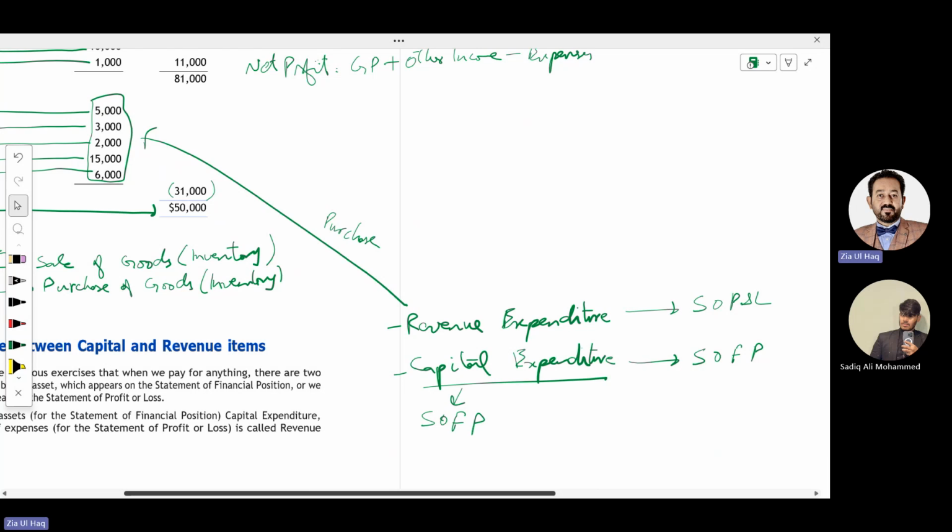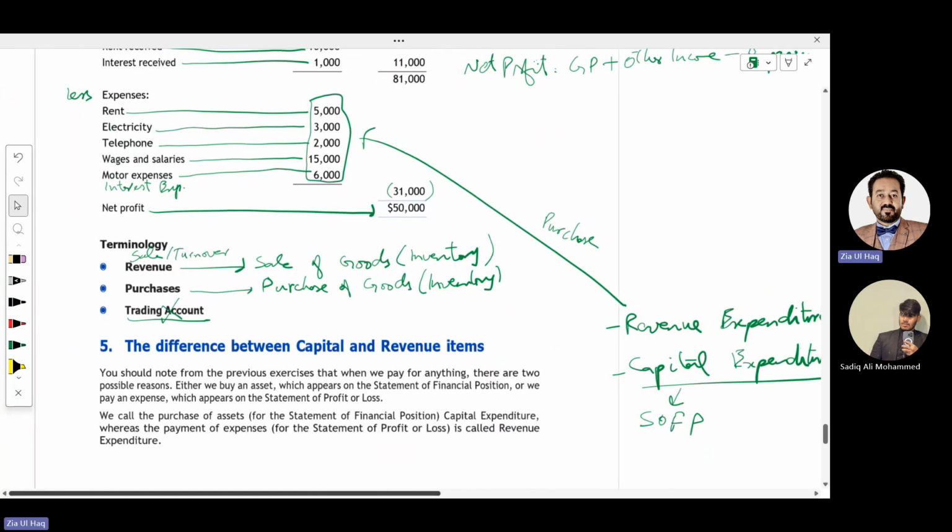If we are paying money for routine expenses, that will be called revenue expenditure. Like rent, electricity, telephone, wages, salaries, insurance, interest, etc.